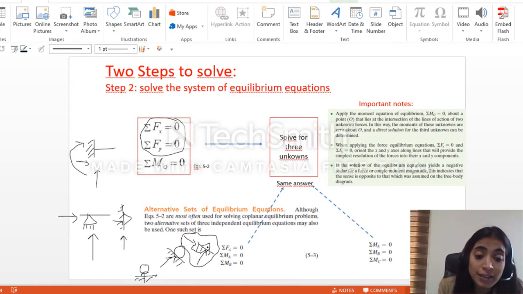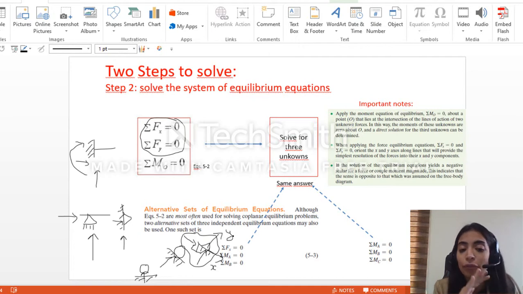If you take this axis as your y and this axis as your x, you can, if this will facilitate your solution. You can take the directions of your references as you want for x and y, as long as they are perpendicular. So you cannot take x here and another axis that is at an angle of 30 degrees. You should take them perpendicular.